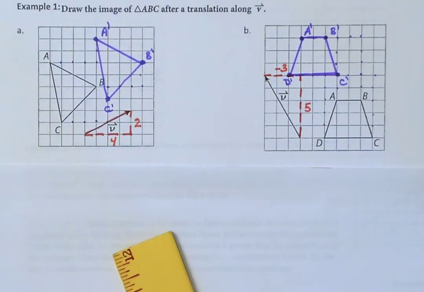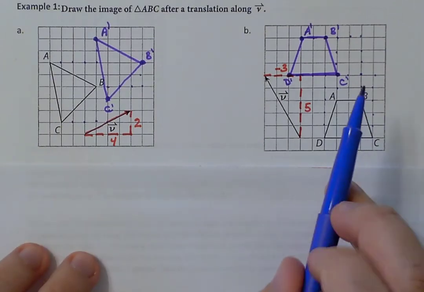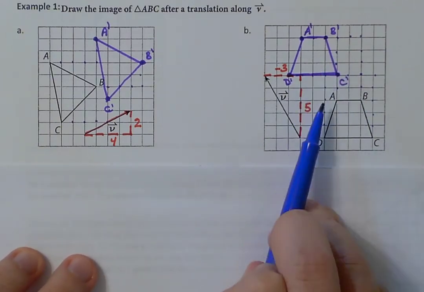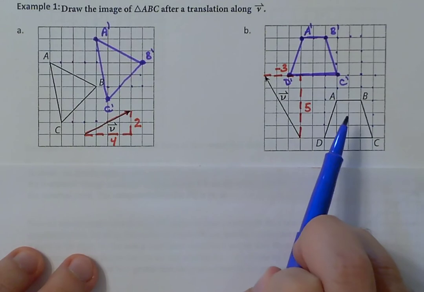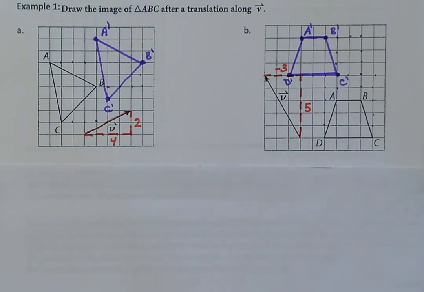And that is the transformation for part B. So again, because we have just done a translation along the vector, this is a rigid motion because we've kept the same shape and size. All we've done is translate a shape, and that is considered a rigid motion.